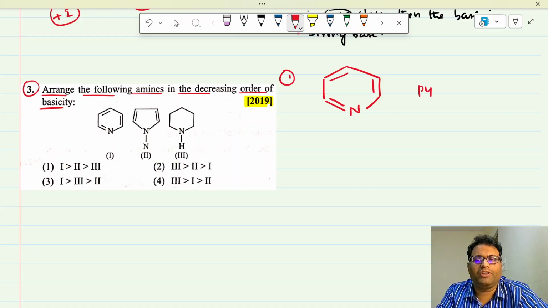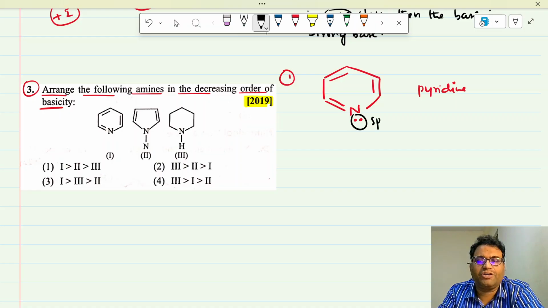So it is a pyridine molecule. Right? So here there will be a lone pair. Now you see, is this lone pair of electrons involved in resonance? No. Where is this lone pair? This lone pair is in an sp2 hybridized orbital.